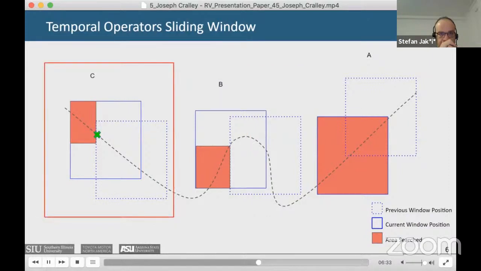Finally, in section C, we show another possible case. The max value we found in the previous window position is again in the area that overlaps between the past and present window. Once again, we will not have to search the entire blue box for the new max value. However, in this case, the signal segment we're searching already contains the max value found. In this case, we have to update the max value with the one found in the current window position.